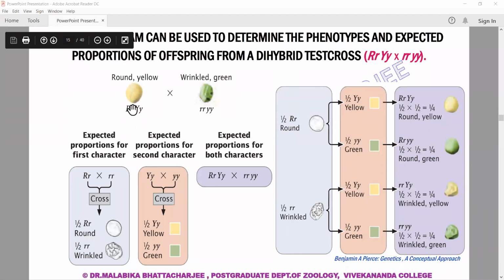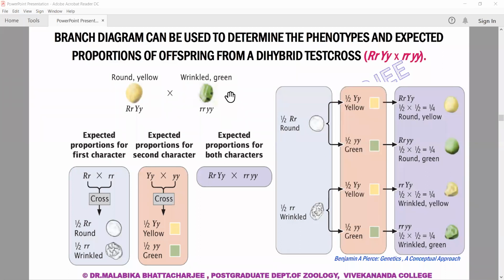When we did these crosses separately, capital R small r into small r, what do we get? Half round category, half wrinkled category.